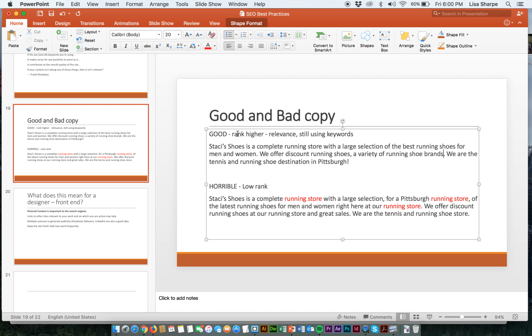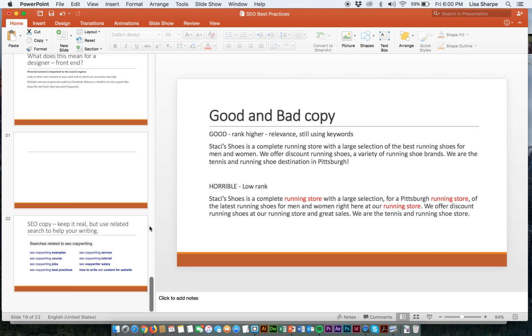Okay, so now we have copy where we used Google's related search to suggest keywords. That's stuff that people are already looking for online. So we'd be super dumb not to use it, right? We want to be smart, and we want to rank higher in the search engines by writing our copy in an intelligent way based on what people are already searching for.